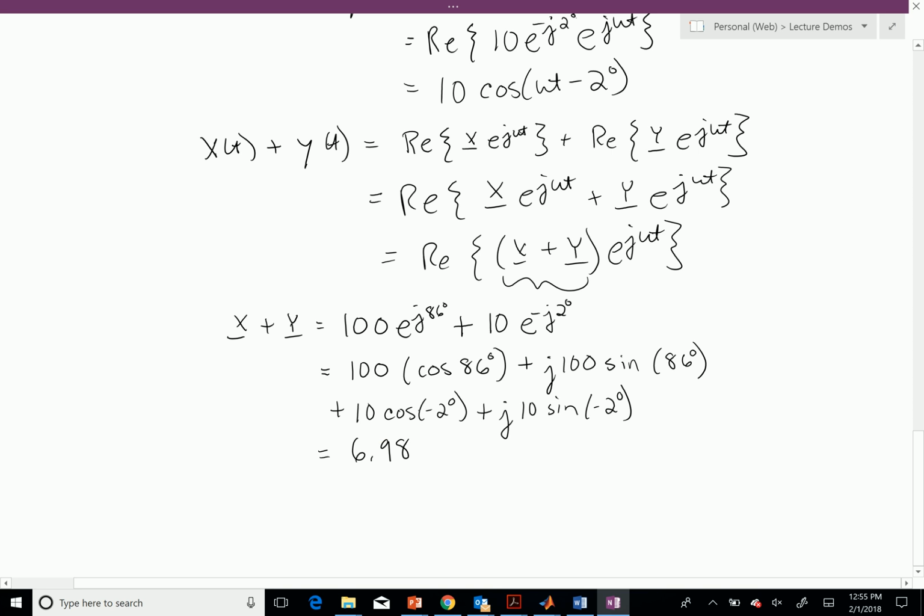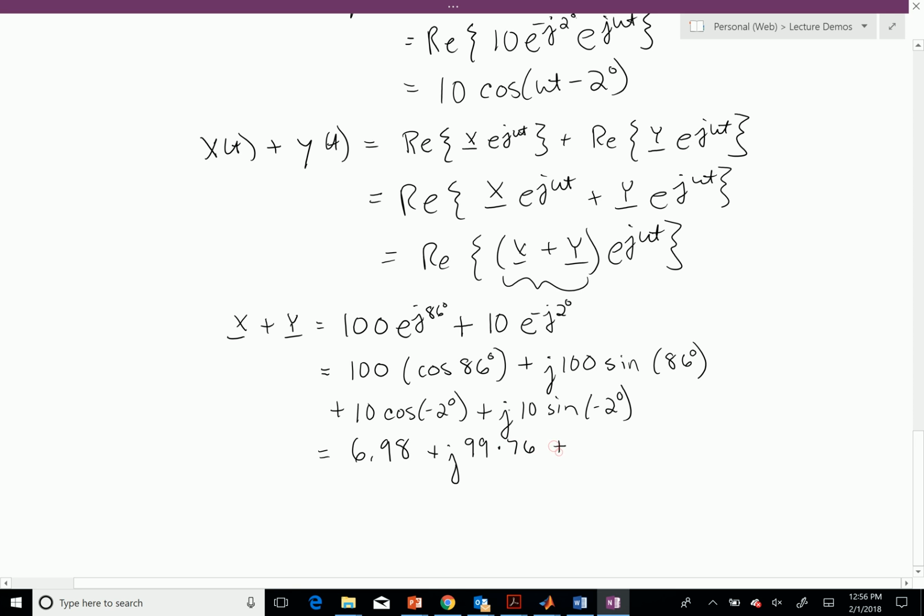Then I have 100 times the sine of 86 degrees, which gives me plus j times 99.76.